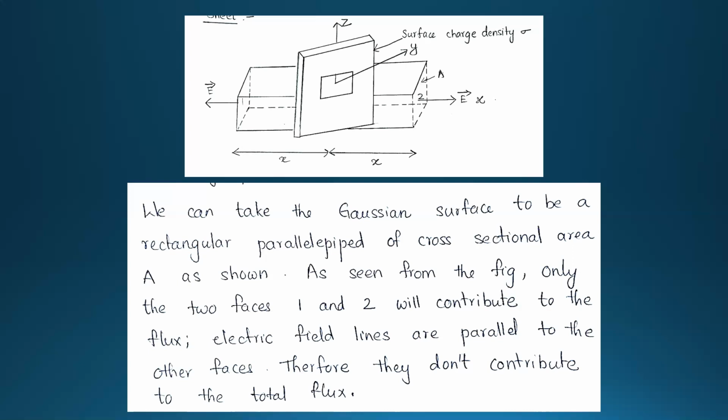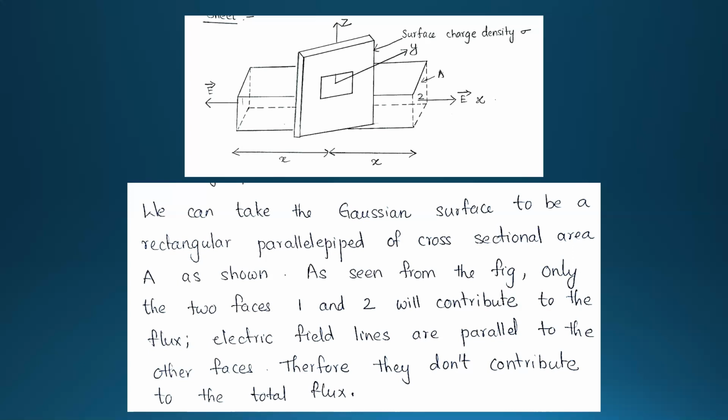If you see that the sheet is charged, the electric field is along the positive x direction and also along the negative x direction. You can see once again the electric field, because of this positively charged sheet, is along the positive x direction and also along the negative x direction.